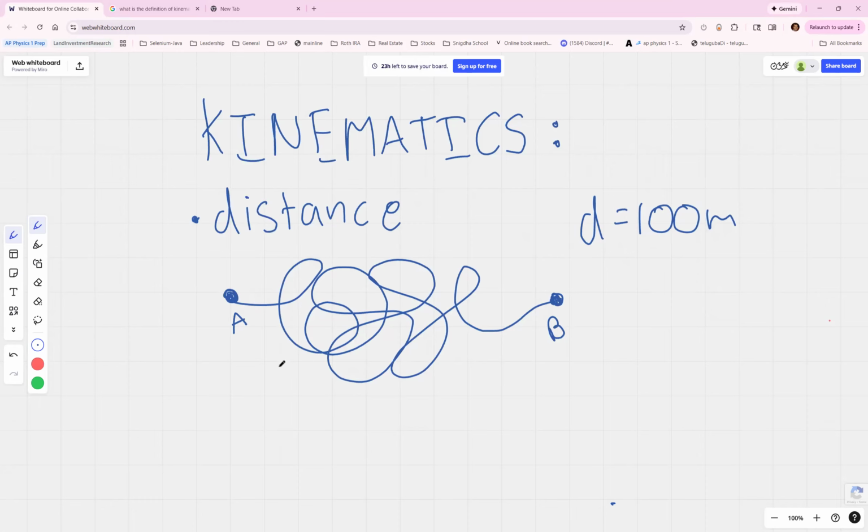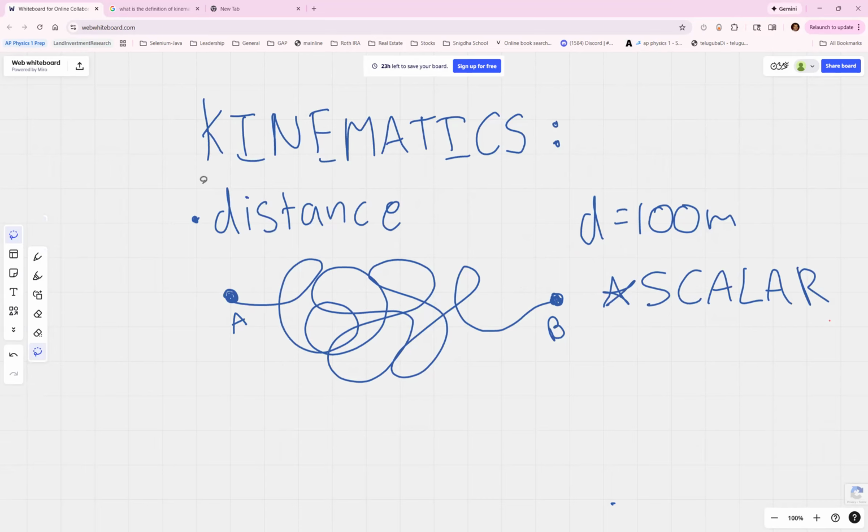You might have noticed that distance is only focusing on the magnitude and not the direction, which means that it is a scalar quantity, which is really important to remember. So again, the definition of distance is the amount of meters traveled between two points in physics.